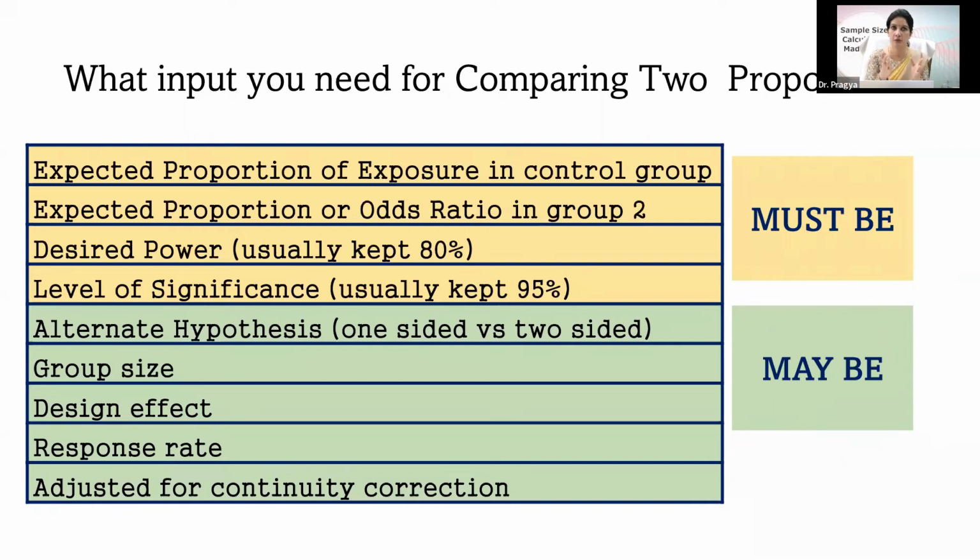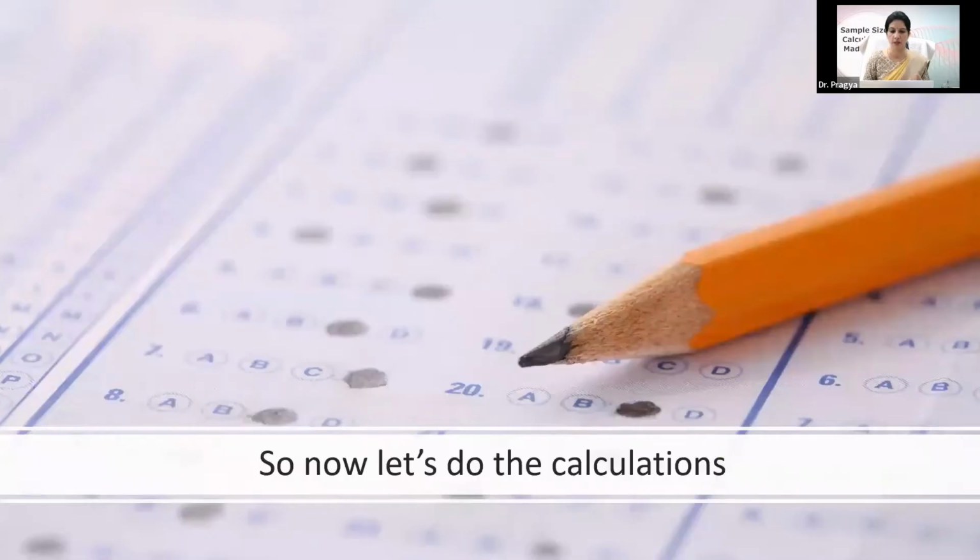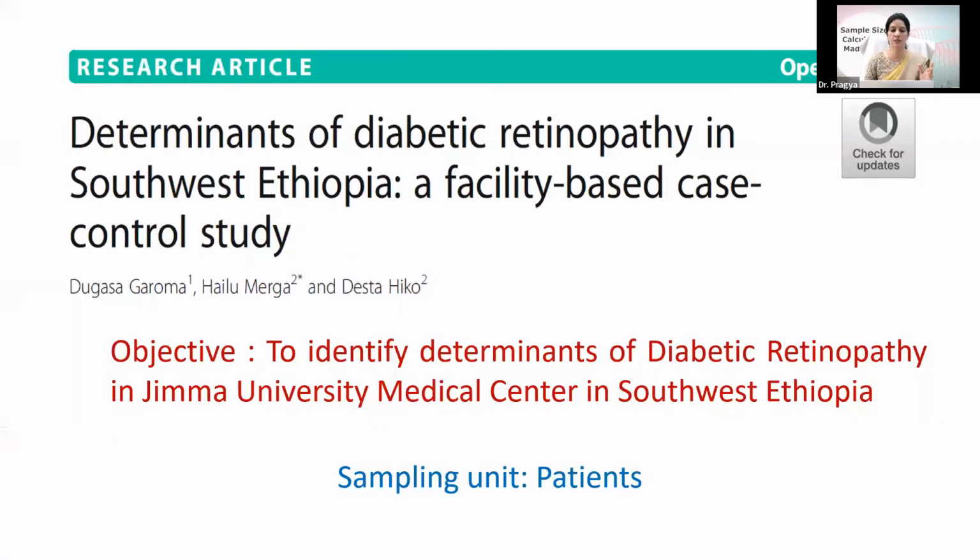But the first four things, the desired power, the significance level, and the two proportions or the odds ratio, are needed. You can have two proportions, or you can have one proportion and the second odds ratio. So now let's do this calculation.